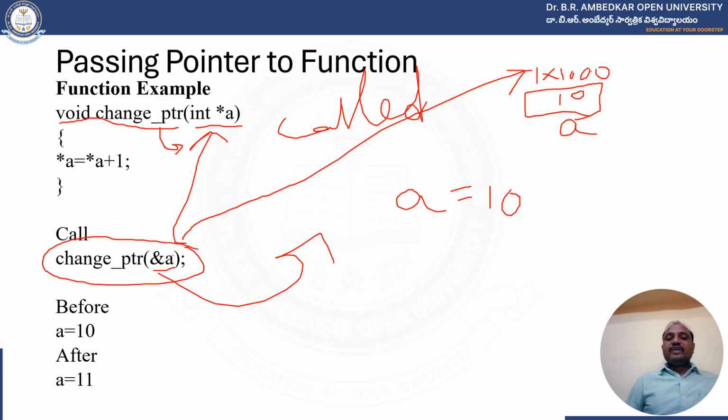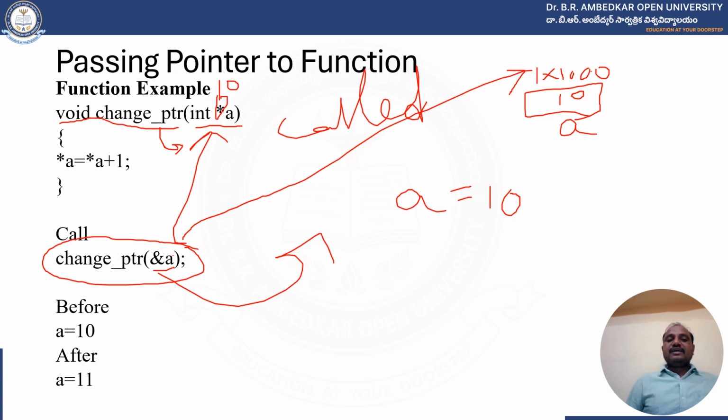And here we are using the dereference operator. That means whatever the address is, it will move to that particular address, and the value in that address, 10, will be dereferenced. That means finally it will be treated as 10 only.